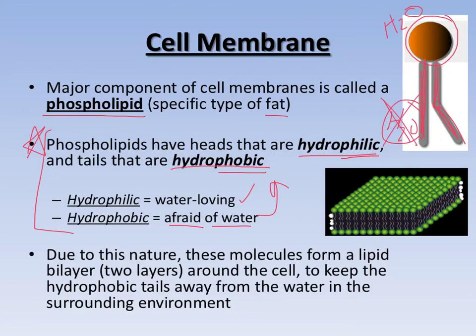This is important because it allows the membrane to set up in this way, where you form a lipid bilayer, or two layers, where the hydrophilic heads are directed toward water outside the cell. Hydrophilic heads are also directed toward water inside the cell, and these hydrophobic tails can hide in between. So the hydrophilic heads go toward water on either side, and the hydrophobic tails can hide in between.